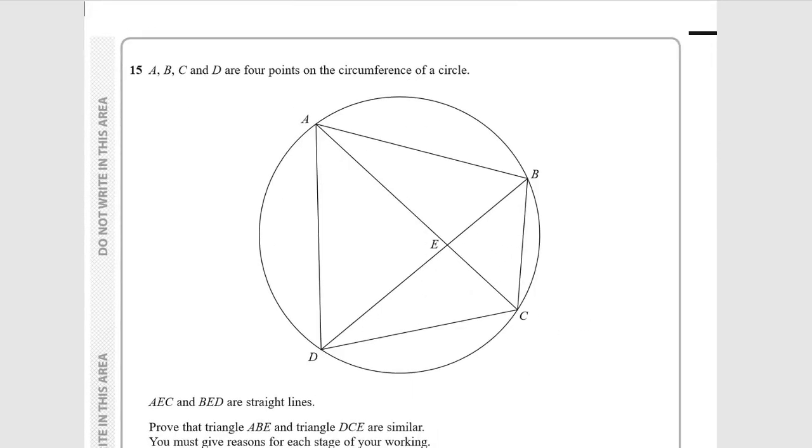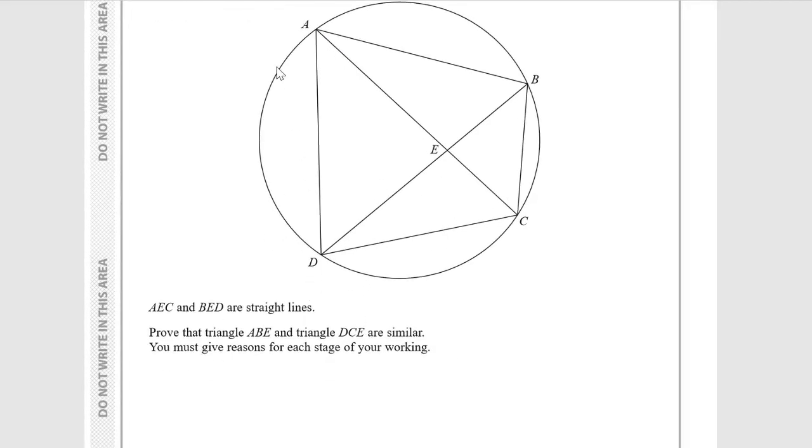So question 15. It says A, B, C, and D are 4 points on the circumference of a circle, A, B, C, and D. And it says prove that triangles A, B, E and D, C, E are similar. You must give reasons for each stage of your working out.